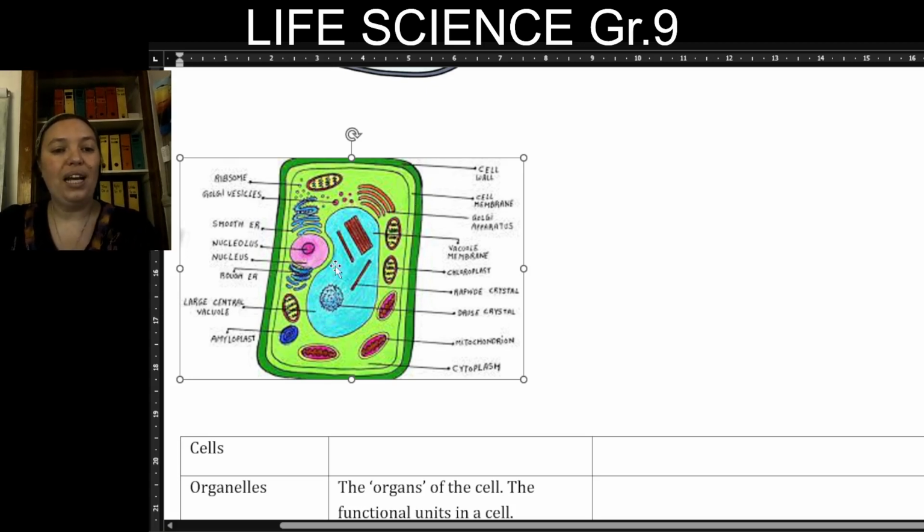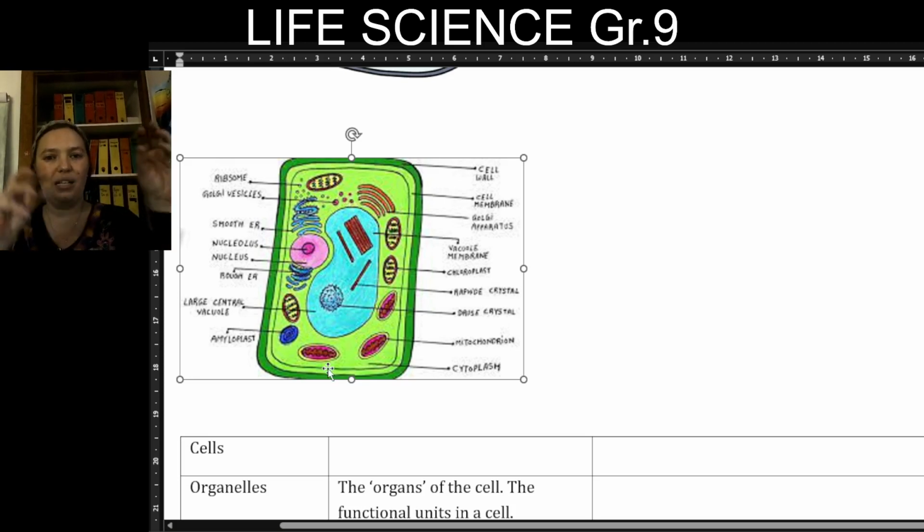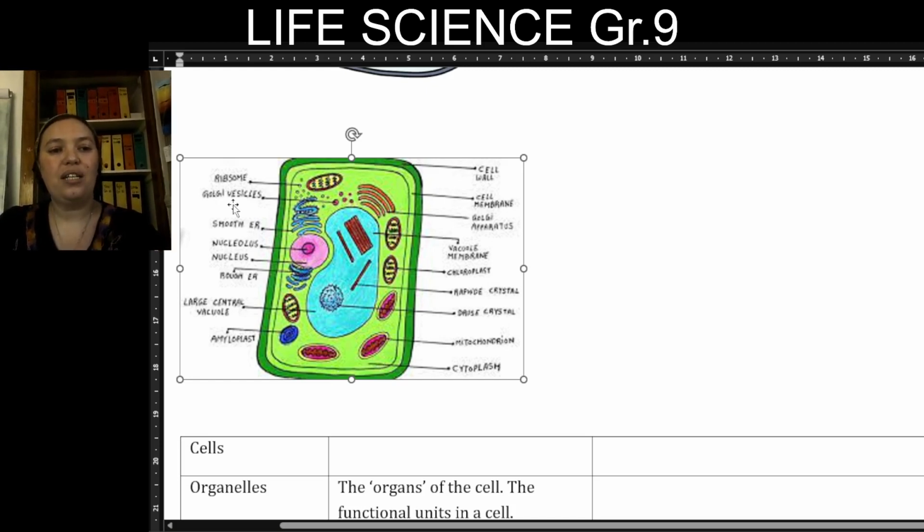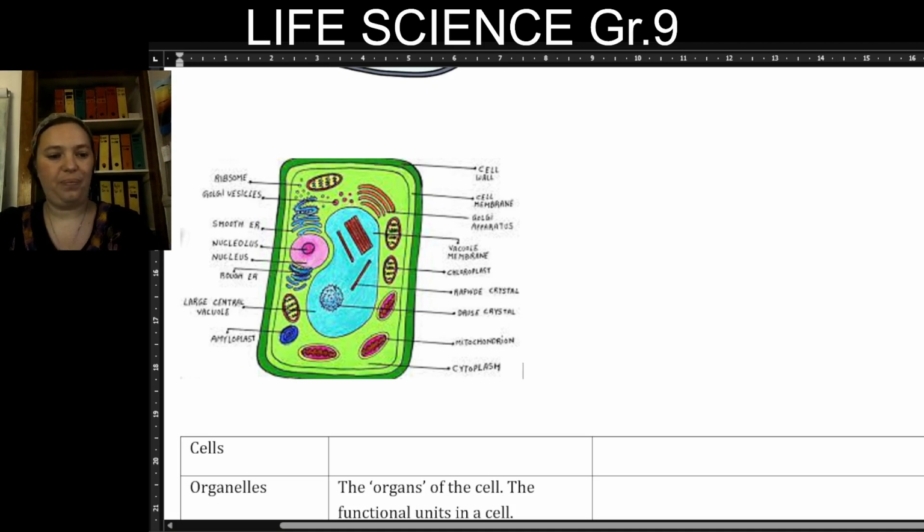Right here in the middle, you can see that the vacuole of the plant cell is huge, and it's right in the middle, whereas with animal cells, there are smaller ones all over the place. The other thing that plants need is to photosynthesize. These ones here, there's another one, there's another one, these are chloroplasts. The chloroplasts are for photosynthesis.